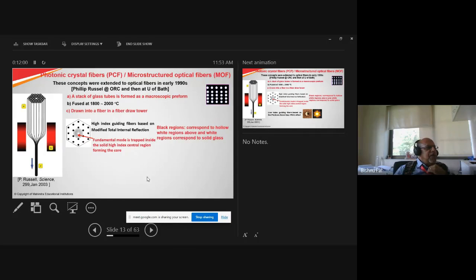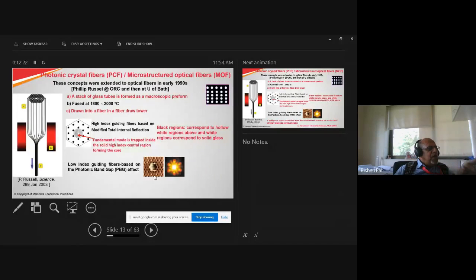I can also create a disruption in the periodic structure here. Instead of a solid at the center, I remove part of the solid from the background, so it becomes a bigger hole. It is again a hole filled with air, like those black circular spots that you can see in the cross section.